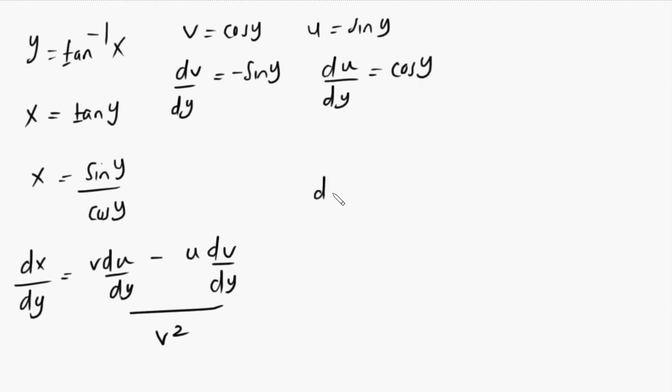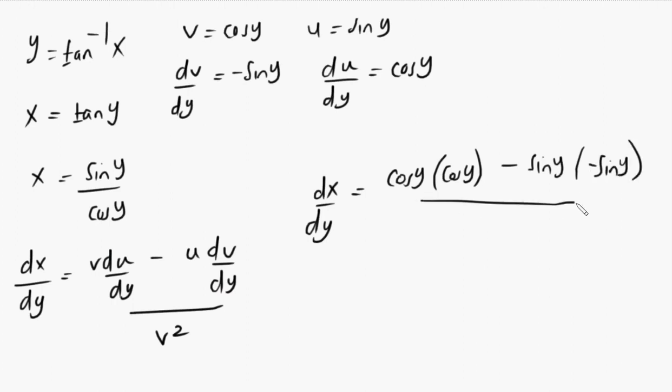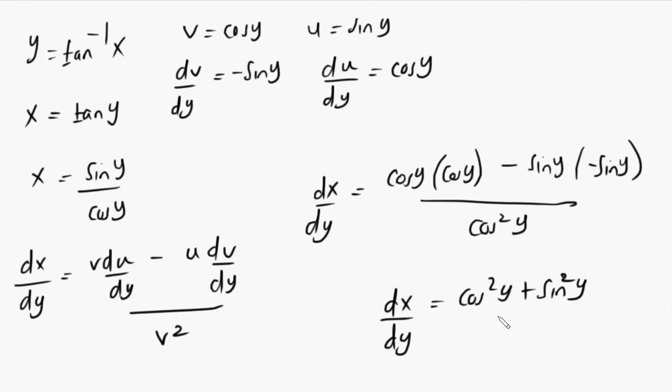So my dx dy is just gonna be equal to v ni cos y, du dy tena ni cos y, minus u ni sin y, alafu dv dy ni negative sin y. Then chini tuna cos squared y. So kule juu nitabaki na nini? Nitabaki na cos squared y plus sin squared y over cos squared y.